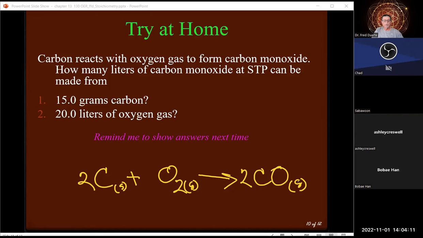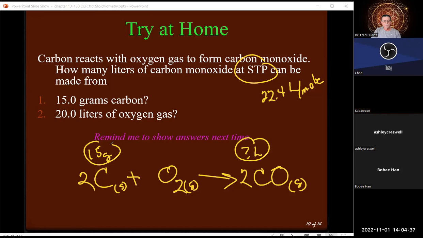All right, now we're still at STP, so keep that in mind so we can utilize a 22.4 liter per mole relationship. And we want to know how many liters of carbon monoxide are made from 15 grams of carbon.